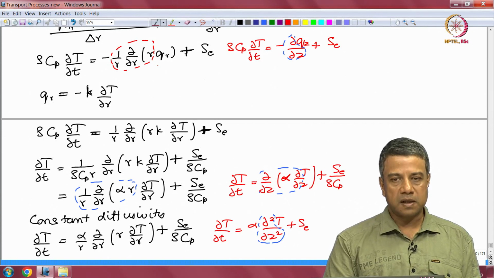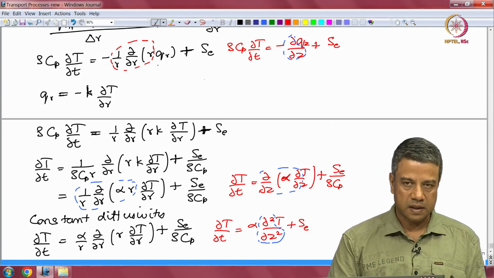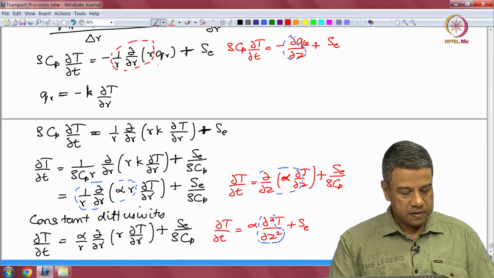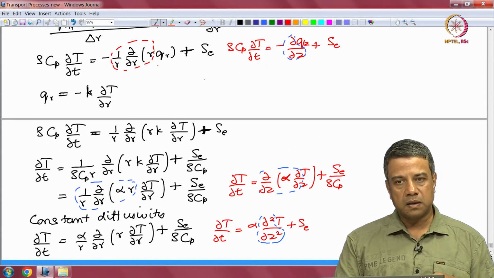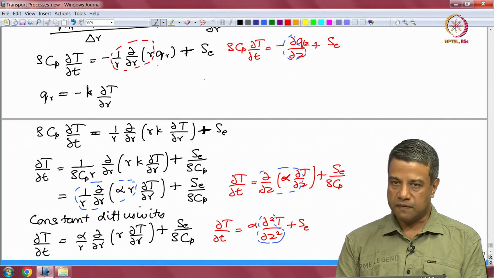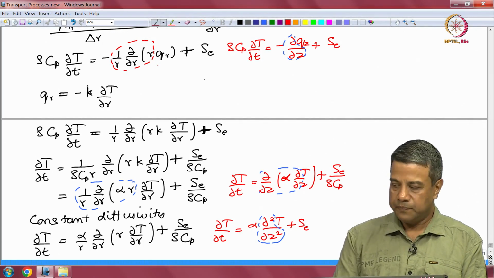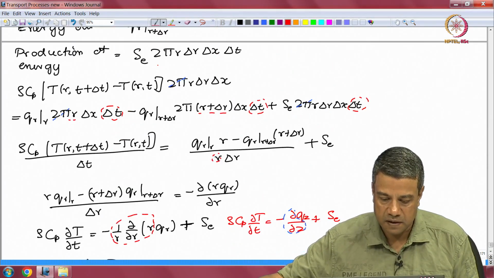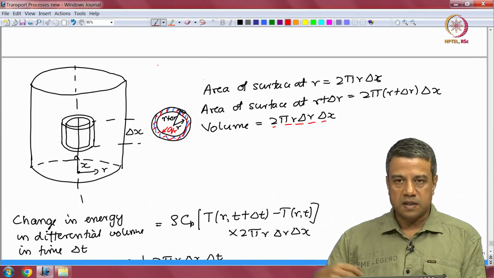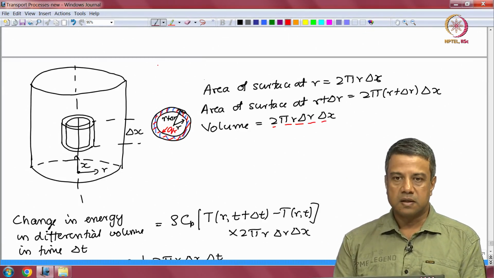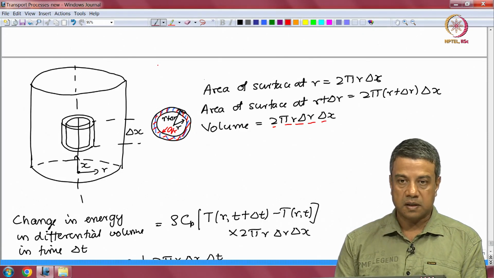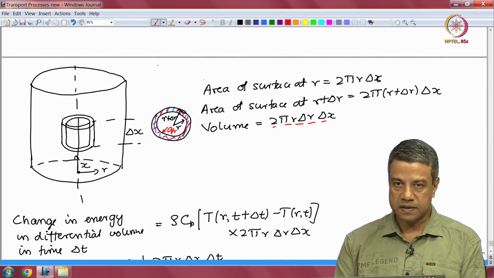What we had written was a balance for the heat transfer rate, which is the product of the flux and the surface area. For this differential volume, the surface area is changing. So, even though the flux may be a constant, the heat transfer rate will change because the surface area is changing.